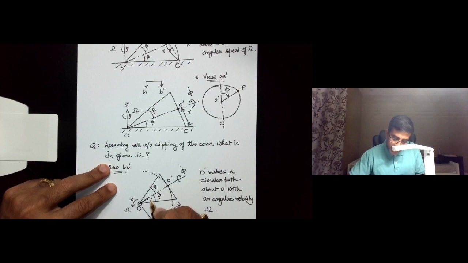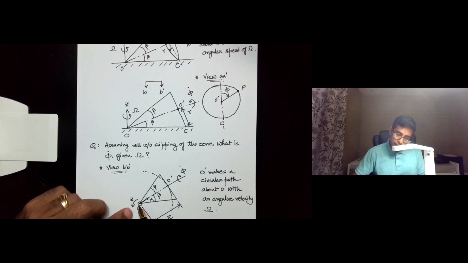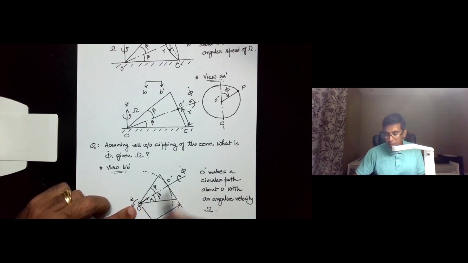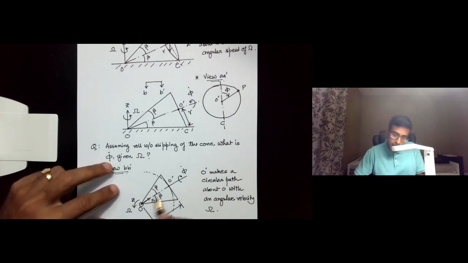X is going to be horizontal, and it is going to be in the same direction as the horizontal component of OO prime. So keep in mind the phrase, it is in the same direction as the horizontal component of OO prime.